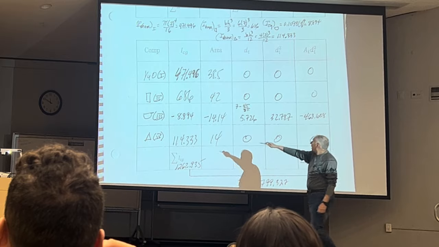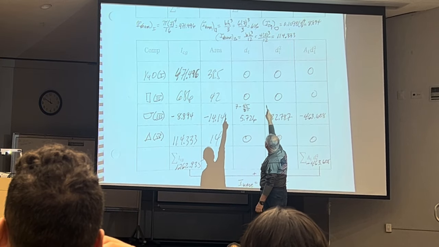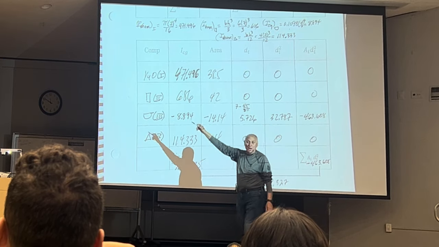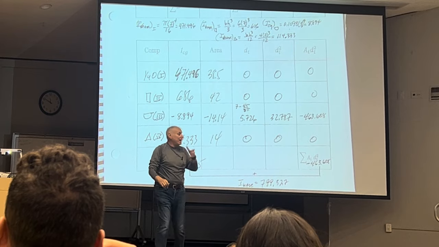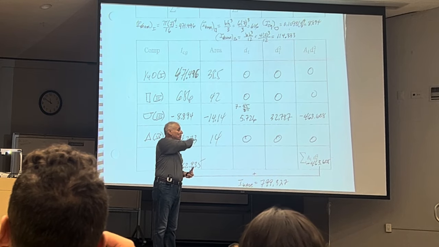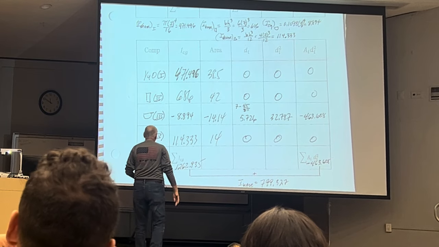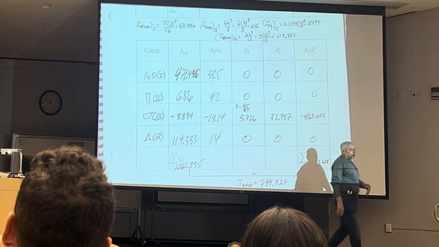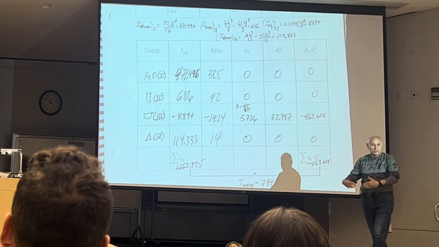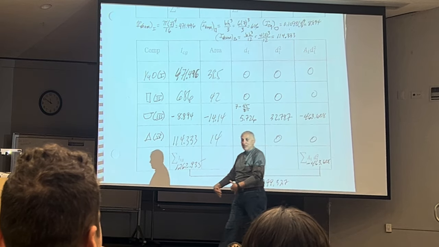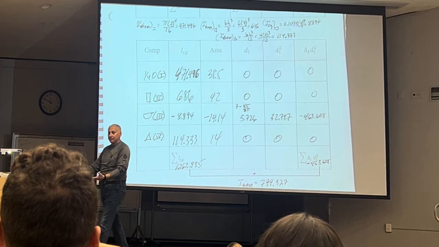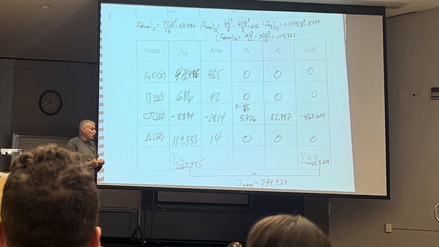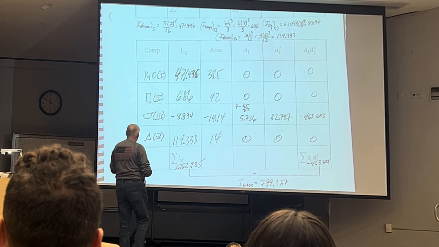For the triangle, I used bh cubed over 12. What I used before was bh cubed over 36 because I went through the centroid. Now it's over 12. What are my DIs? 0, 0, 0. Why? Because you're already on the base. I don't have to shift it down to the base. It's already at the base. The only one I had to shift was the half circle.